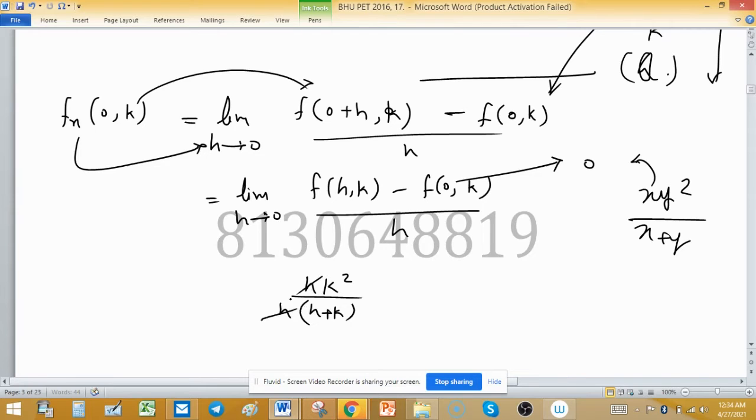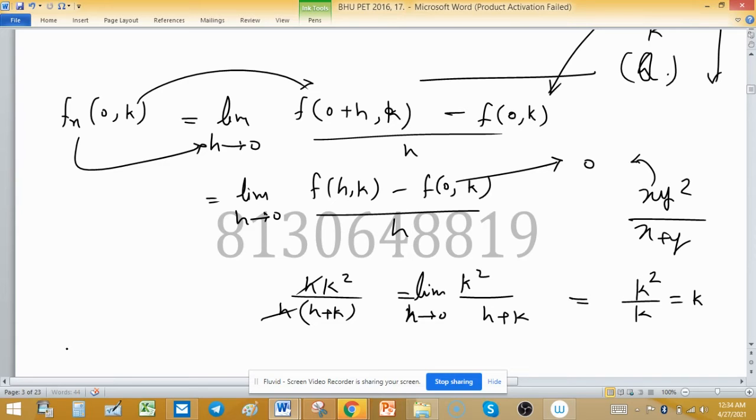So h cancels out. What is left is k squared, and the limit as h tends to 0 of k squared divided by h plus k. If h tends to 0, then this limit will be k squared upon k, and this is equal to k.